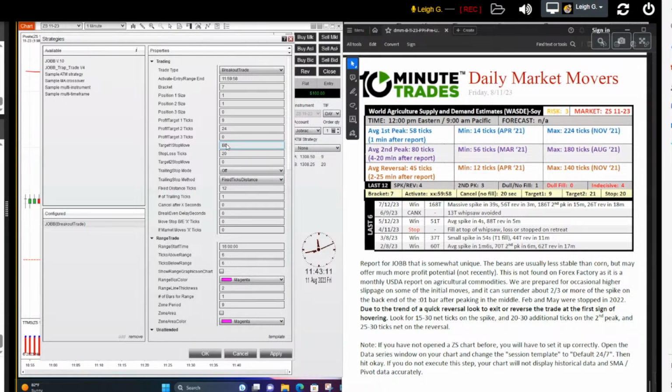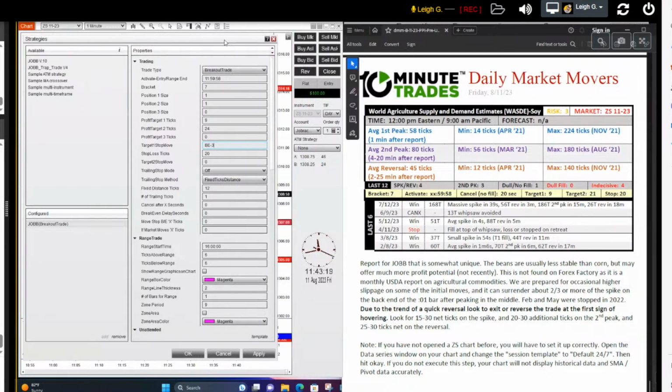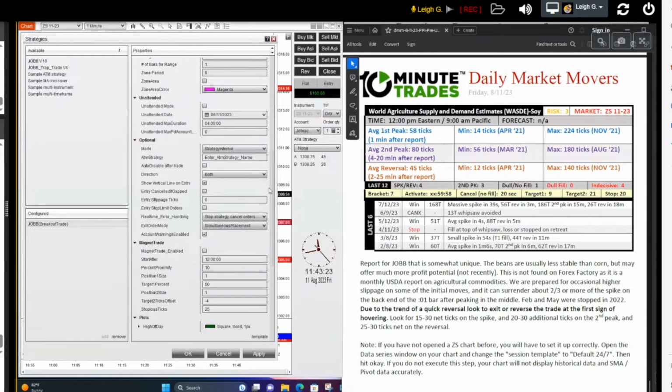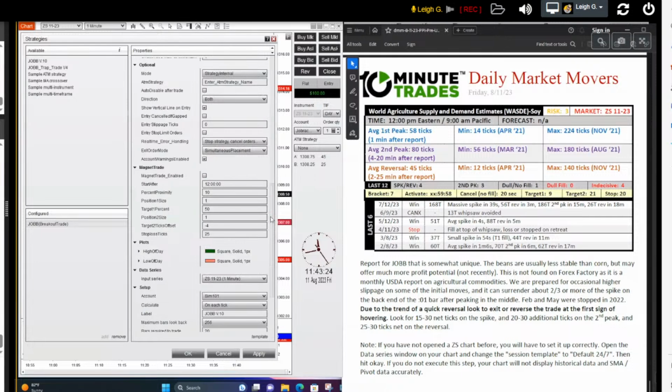If my first target gets hit, that's the way I'm going to set it up. Okay. I'm going to label this soy BR for breakout. Soy BR for breakout.